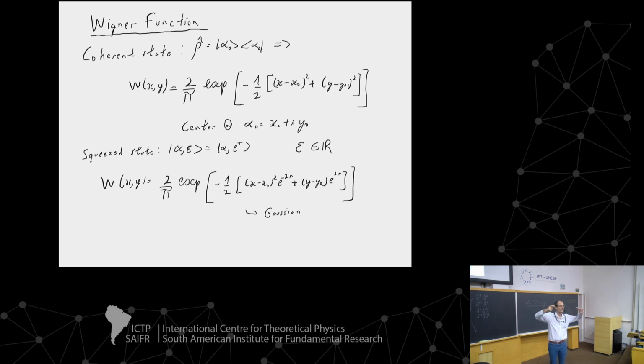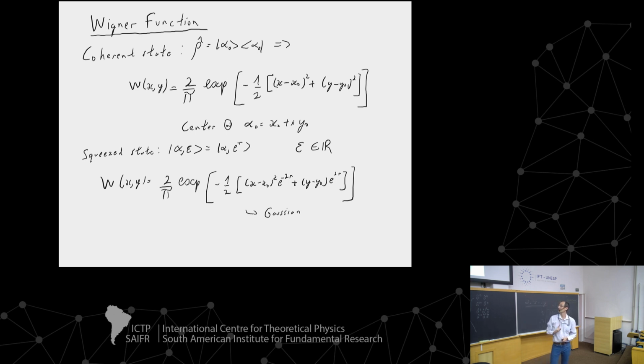So the width of the Gaussian will be 1, given exactly the fluctuation that you have for the vacuum. But displaced, the center of your distribution to this position, x naught, y naught. So that will be the center of your distribution at a given position in a complex plane.